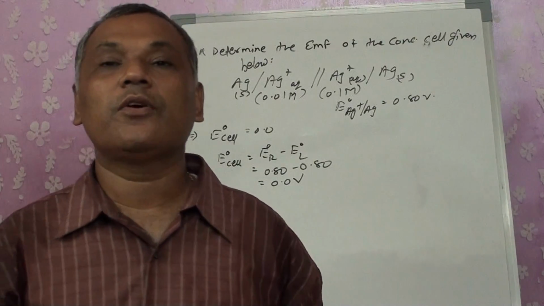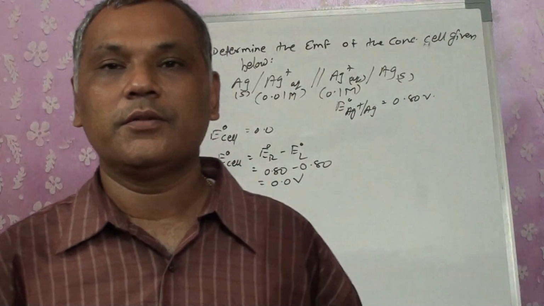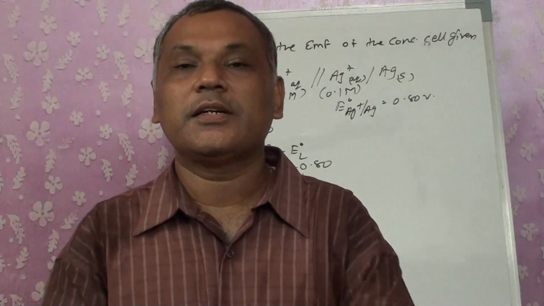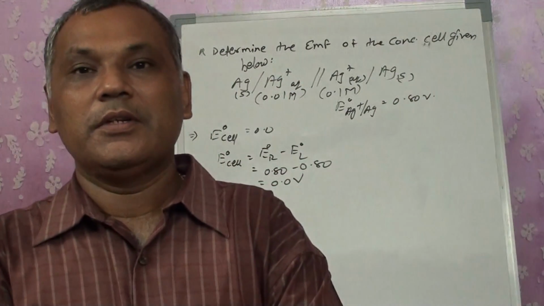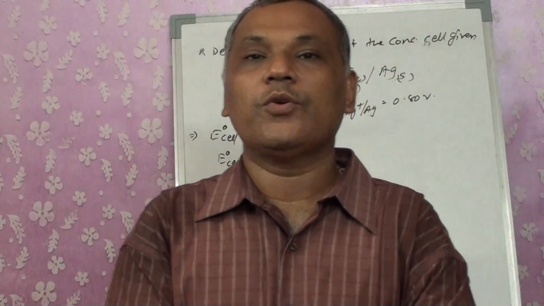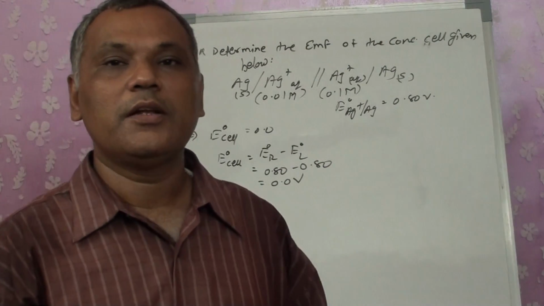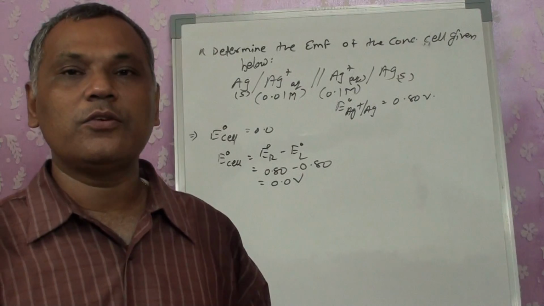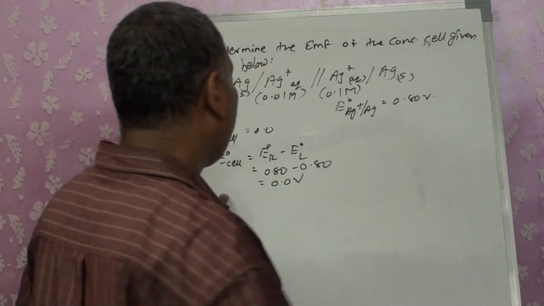This time I did not say standard cell potential, I said only cell potential. In that case, when the cell is in equilibrium, E cell will become 0. So when will E naught cell be 0? For a concentration cell. When will E cell be 0? When the cell is in equilibrium. Be careful.